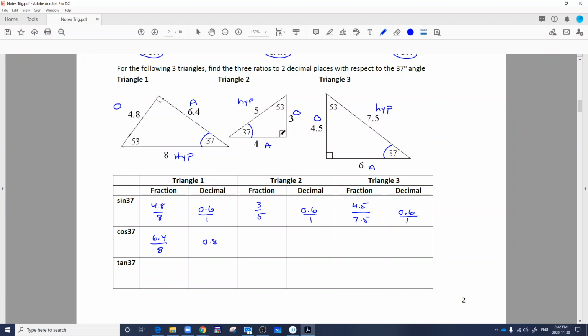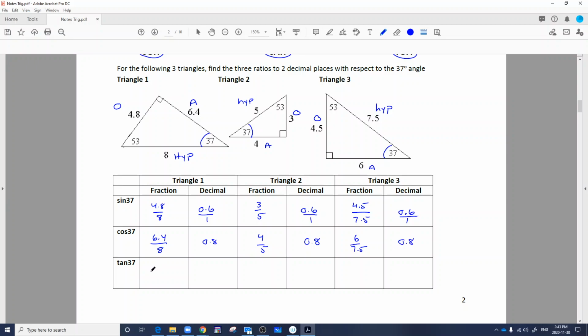For triangle 2, cos of 37 would be the ratio of adjacent to hypotenuse, so it'd be 4 to 5, which again is 0.8. So what's your guess for this last one? Well, it's probably going to come out as 0.8. So the cos of angle 37 is adjacent to the hypotenuse, so it's 6 to 7.5. And if I plug 6 divided by 7.5 into my calculator, look at that, I get 0.8.